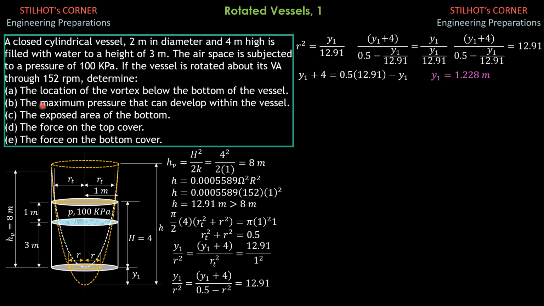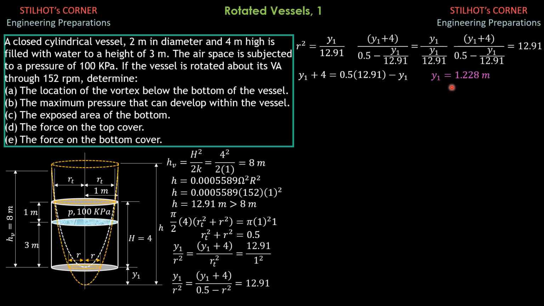The maximum pressure that can develop within the vessel occurs around the periphery of the bottom, and the air pressure is just 100 kilopascals. Pressure cannot be destroyed; it is transmitted equally into the space within the tank. So 100 plus the specific weight of water times this depth here. The depth around the periphery, the deepest of all points on the base, is equal to H minus y1.